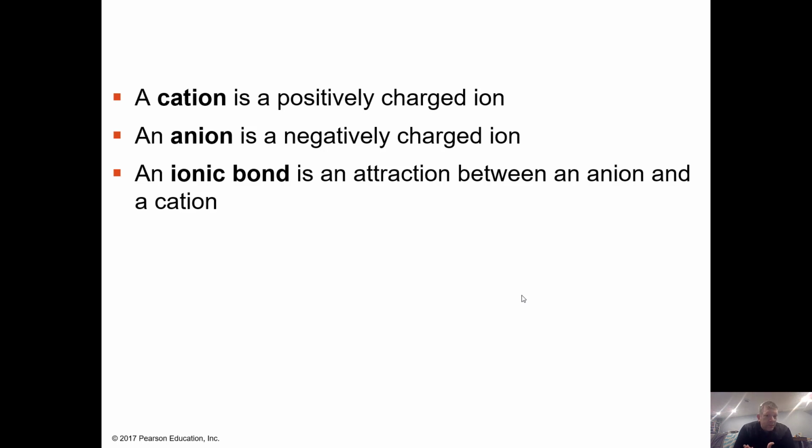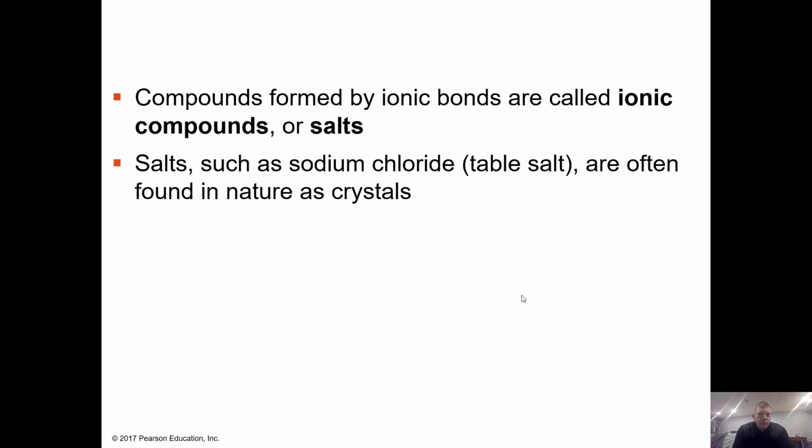Anyway, so the ionic bond is the attraction between cations and anions. A lot of times we call the compounds that are formed salts. So table salt is sodium chloride. The really expensive road salt is calcium chloride.